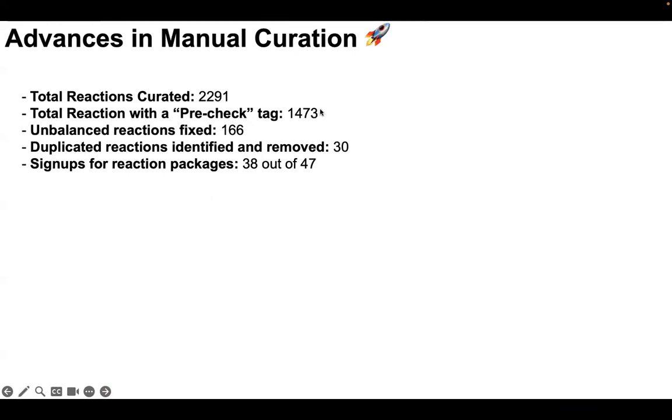We now have almost 1,500 reactions with a pre-check tag. I'm going to explain this in the next slides. We have 166 unbalanced reactions fixed. Many of you were able to identify at least 30 duplicated reactions, which is a lot.